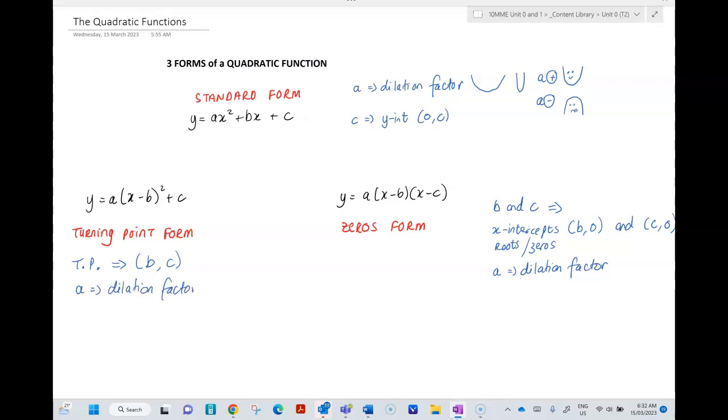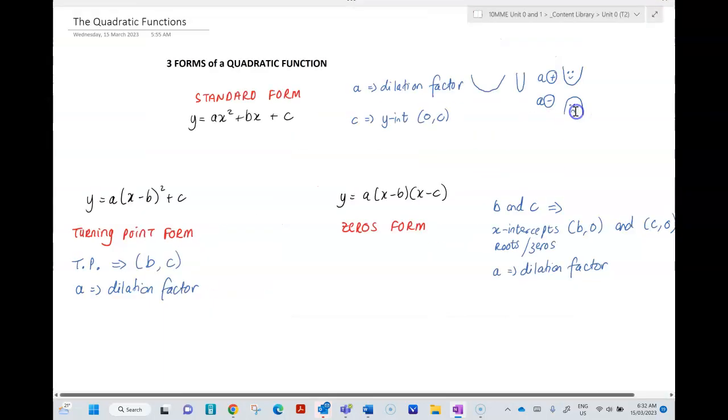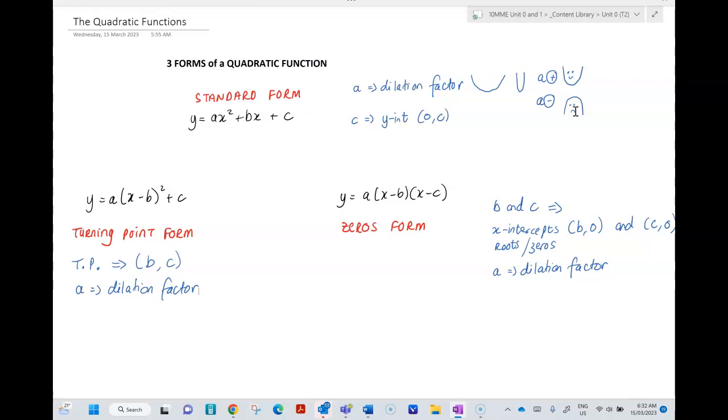So each form actually gives us information about the quadratic function. It's really important to have this little summary in your book. And just out of interest for now, we can actually move between the forms.